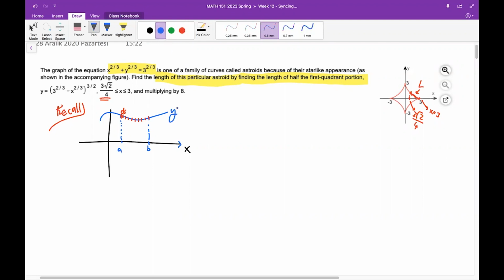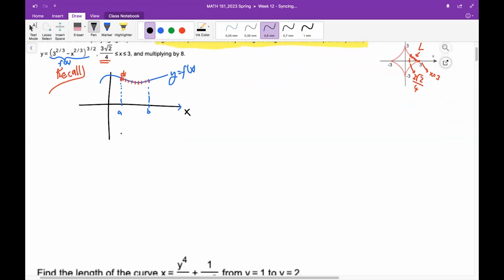By the way, this curve is the y equals f of x curve, given in this structure, as it is given like that in the example. Okay, here our aim is to compute the length.